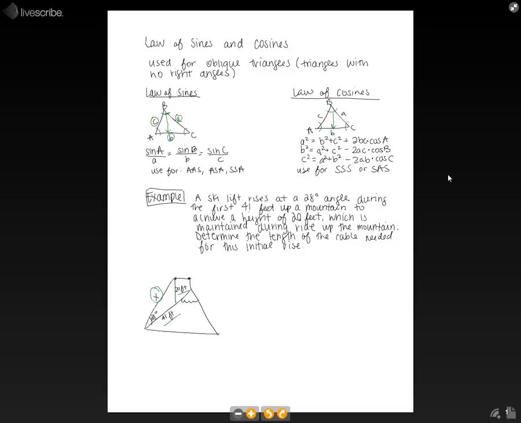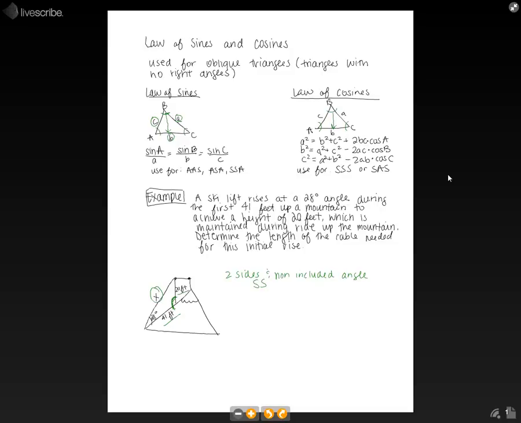So we can see we are given 2 sides and a non-included angle, because the angle is not between the 2 sides. This angle right here would be the included angle.